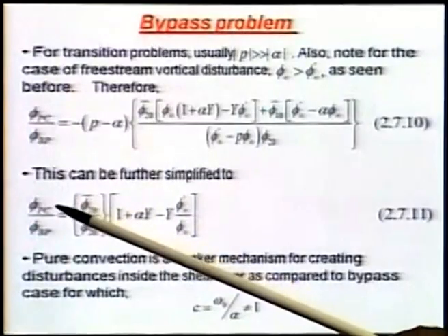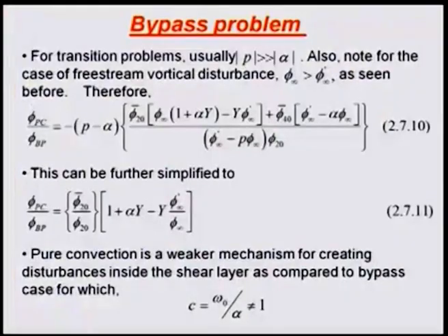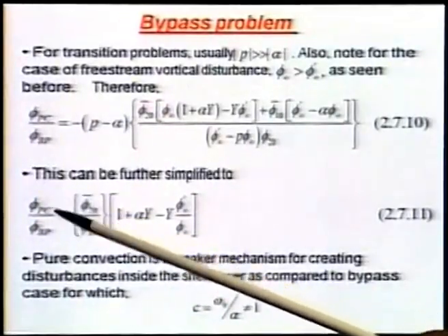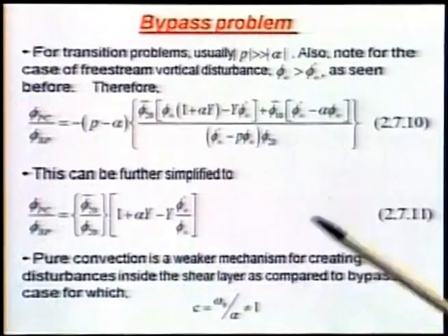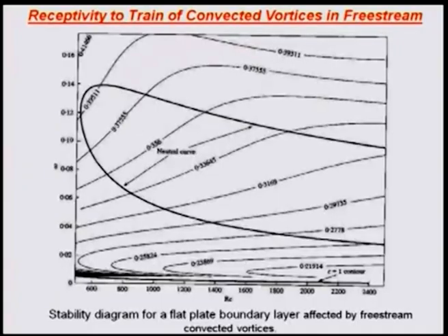So what you notice is that these two are essentially events occurring due to whether you are looking at an inviscid vortex in the free stream or a viscous vortex. That's what phi PC and phi BP stand for. This corresponds to the inviscid vortex, and this corresponds to the viscous one. And one notes that the inviscid vortex actually plays a lesser role, and that's what we can see very clearly, because your inviscid vortex corresponds to c equal to 1.